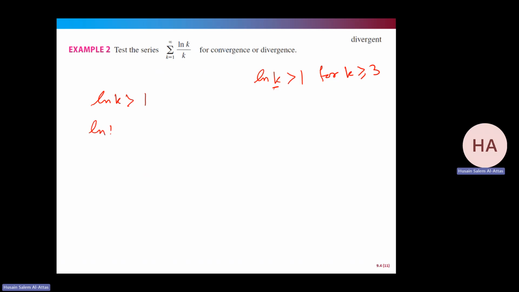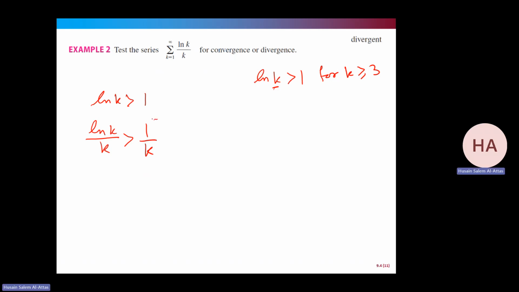It means ln k over k is greater than 1 over k. Whether he's using k or n, it's okay, these are just dummy variables. So what shall I do?